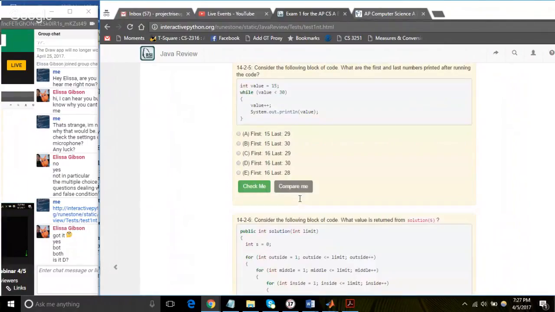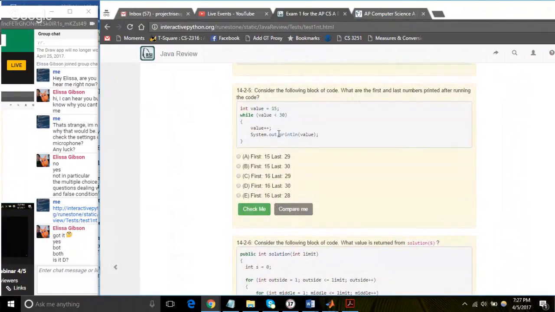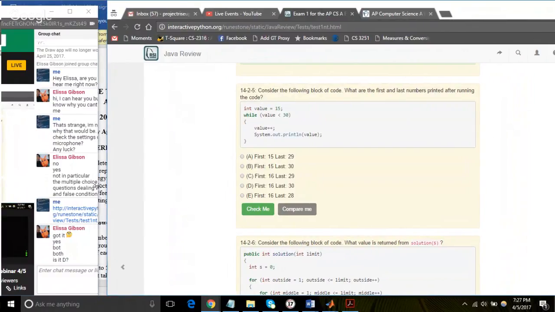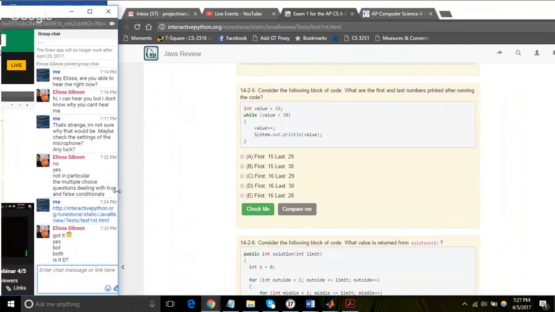Here's another question that deals with conditionals and loops. Is this what you were looking for? Are these the type of questions you were looking for, or you said questions with true and false conditionals? I wasn't 100% sure what you meant by that.